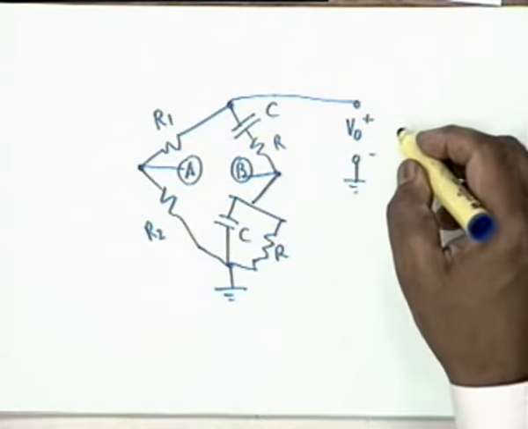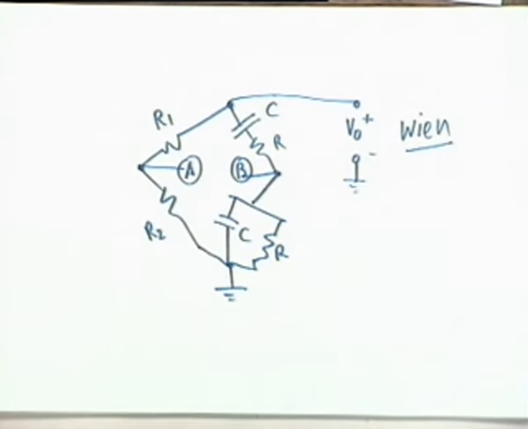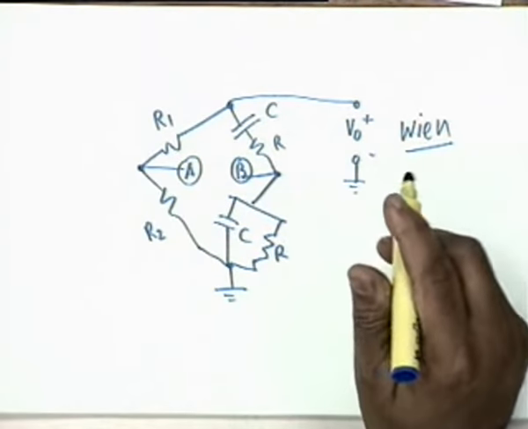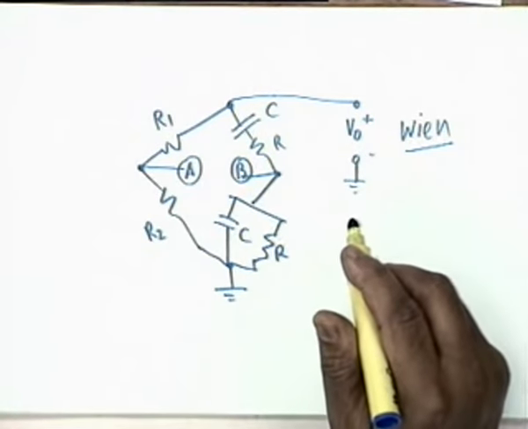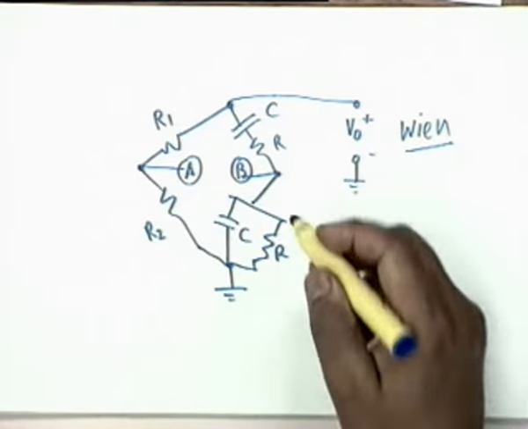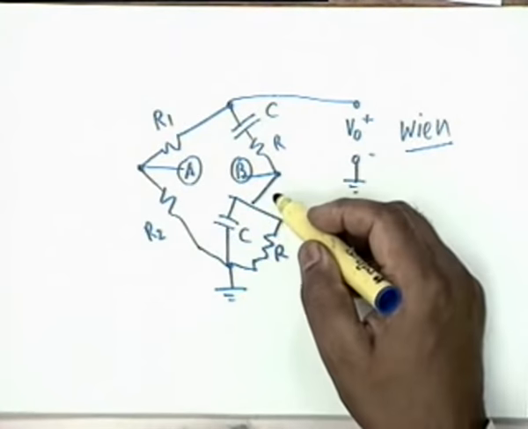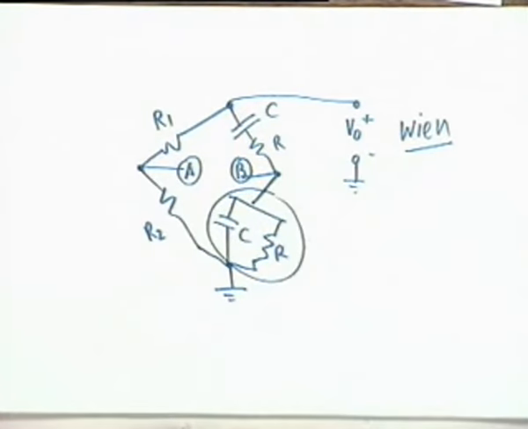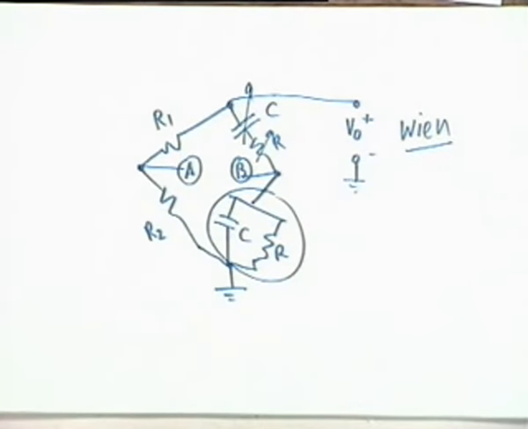It was first introduced by the German gentleman Wien, and therefore it is called a Wien bridge. It is used for measuring an unknown capacitance and its leakage. Usually the unknown capacitor is put here, and these two are made variable.